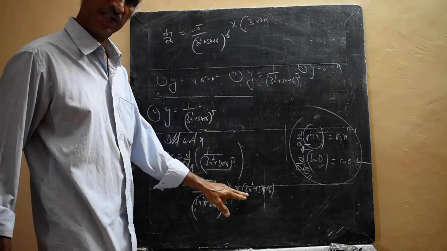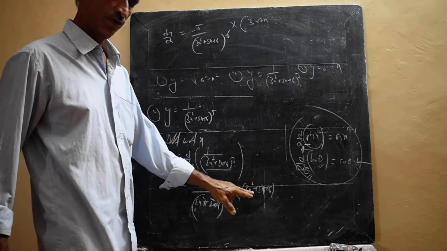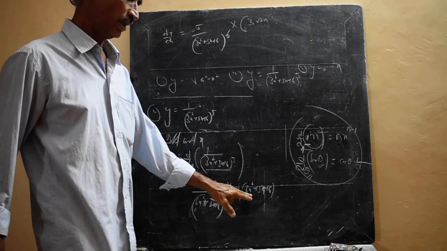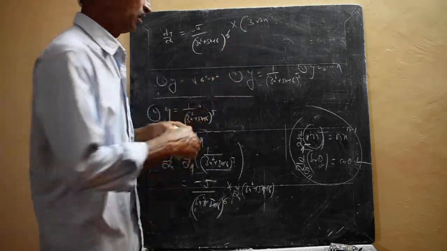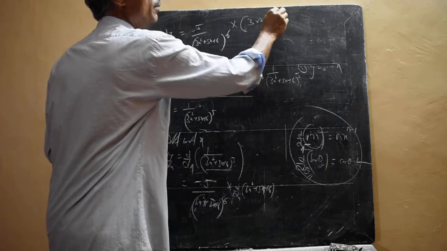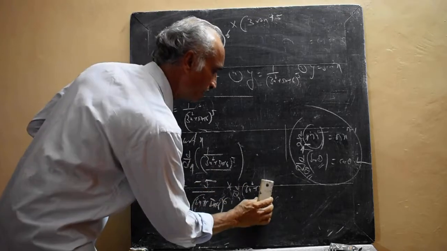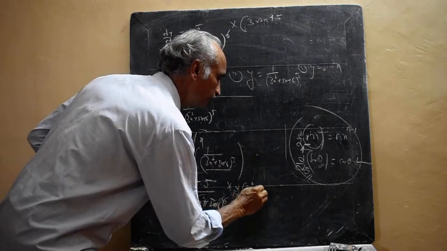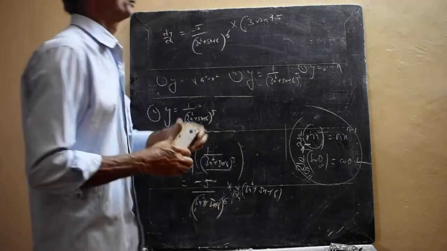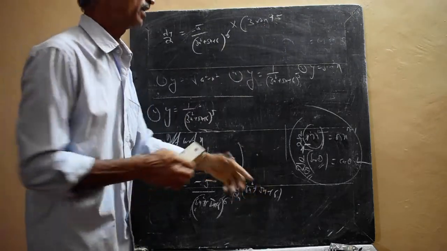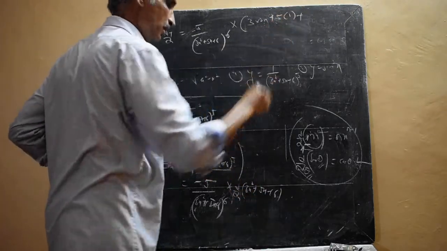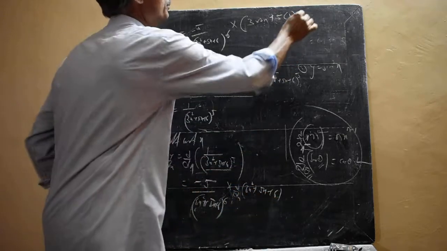Now d by dx of 3x squared: 3 is a constant, taken outside the d by dx. The differentiation of x squared is 2x. Plus 5 d by dx of 5x: 5 outside, d by dx of x is 1. Plus d by dx of 6 is 0.